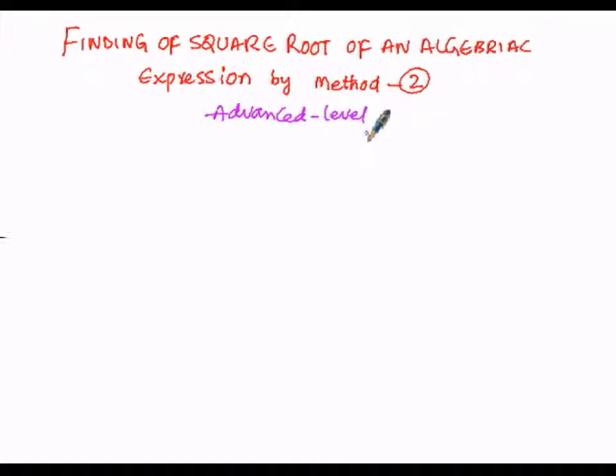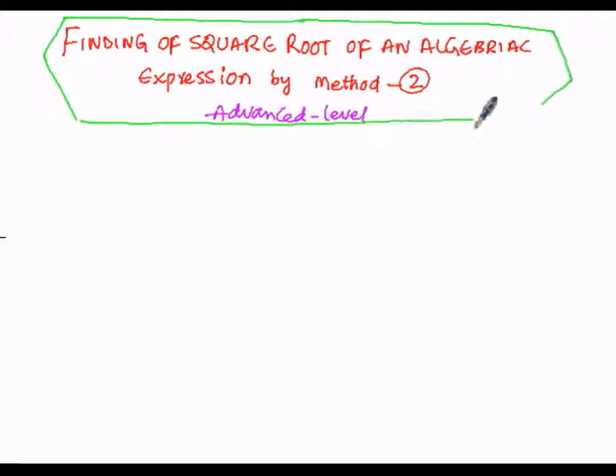So here the second method is the division method in finding the square roots of an algebraic expression. So here let us perform this by means of one illustration in a stepwise manner.